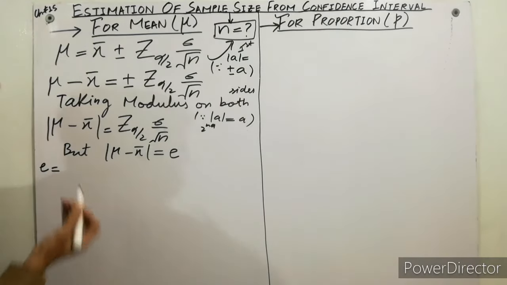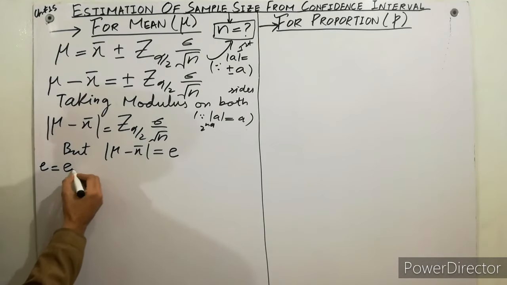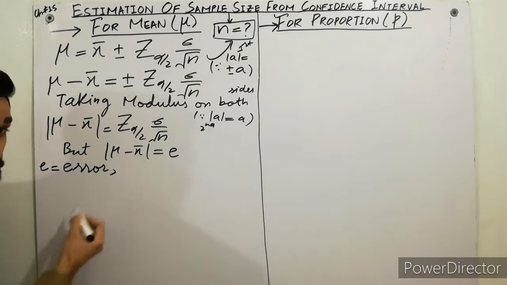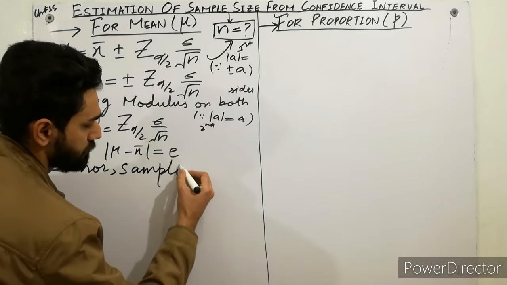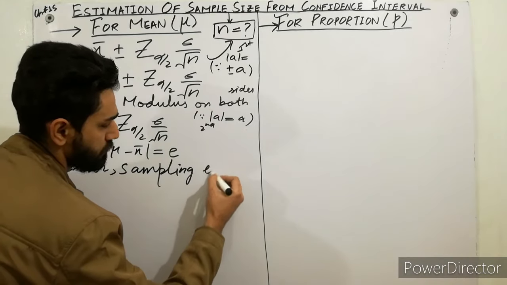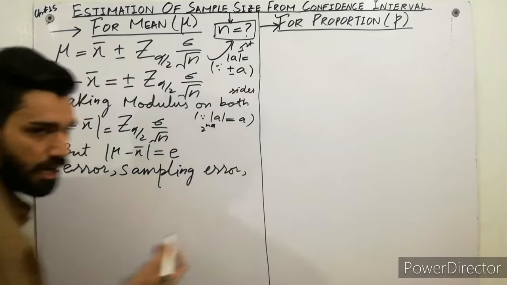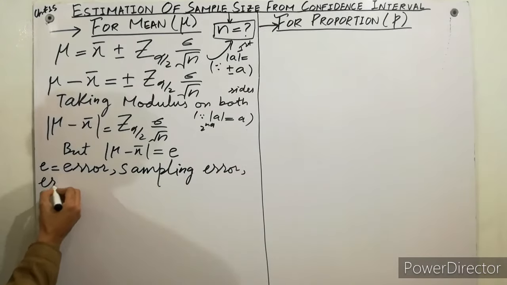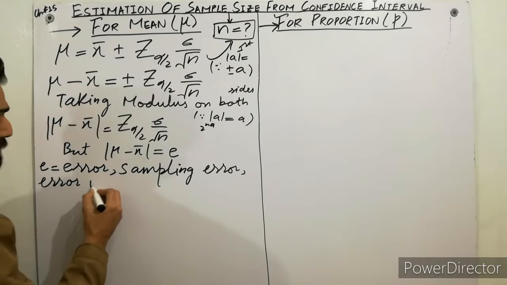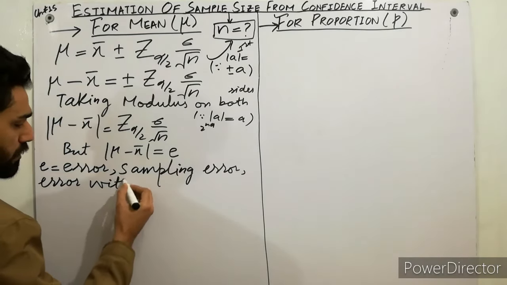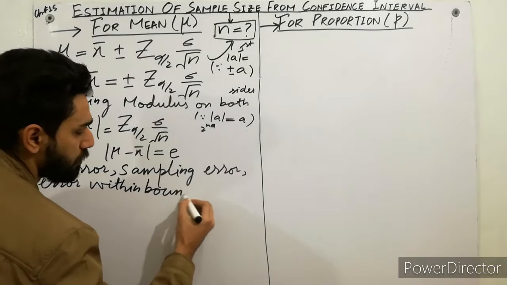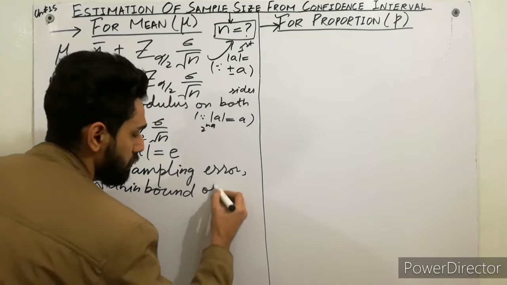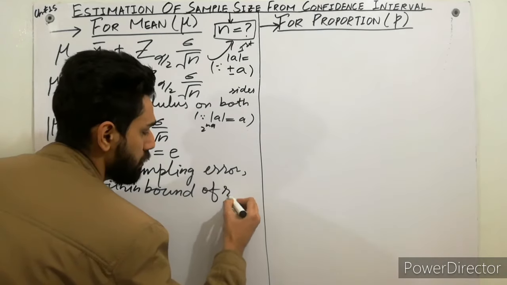E is the error, the sampling error, and also the error within bound of residual.